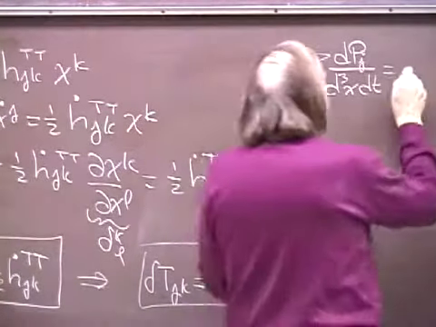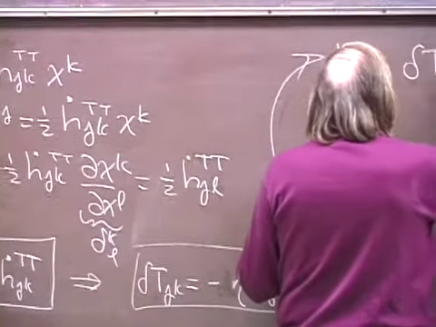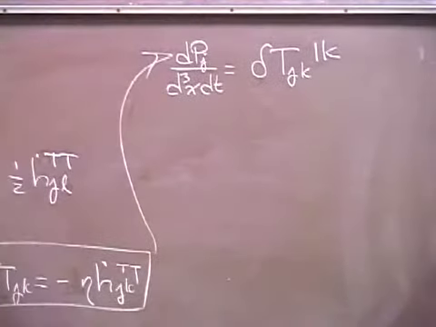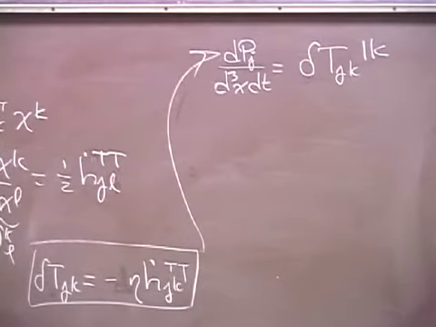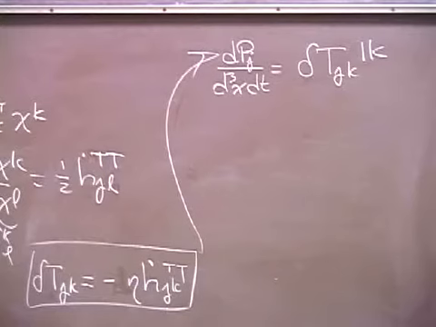And that force per unit volume is going to be ∂T^{jk}/∂x^k, the divergence of the stress tensor. If you think through energy momentum conservation, this is the meaning of the divergence of the stress tensor.